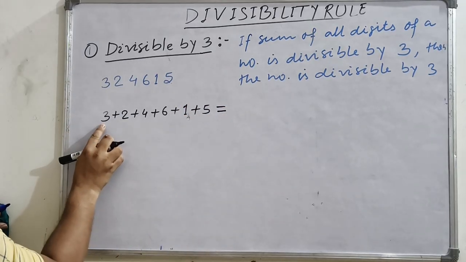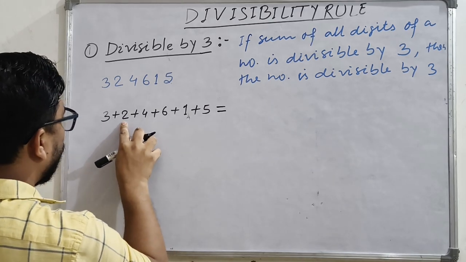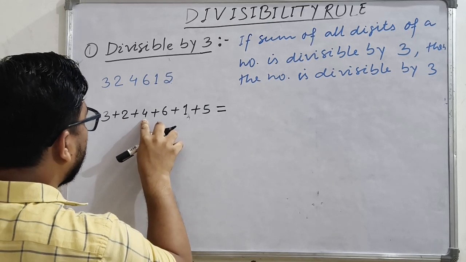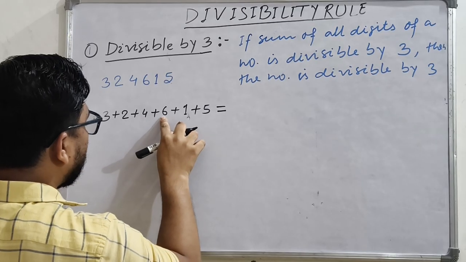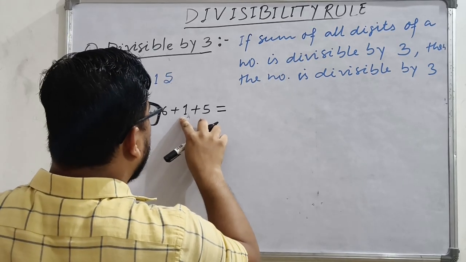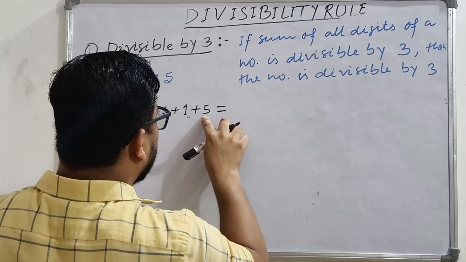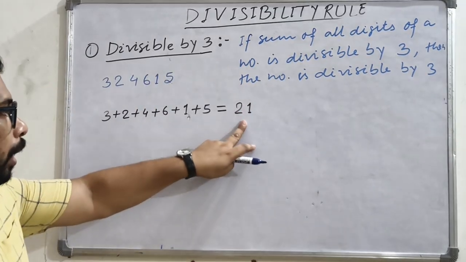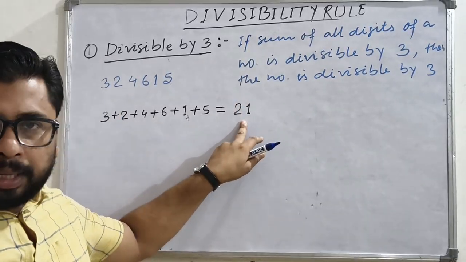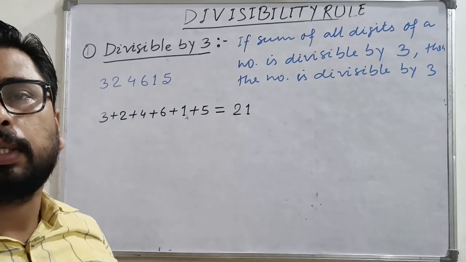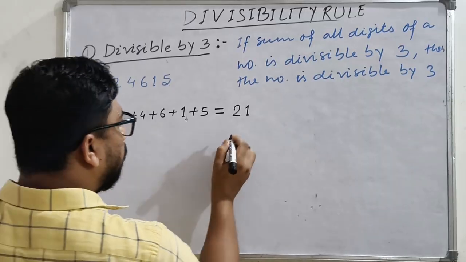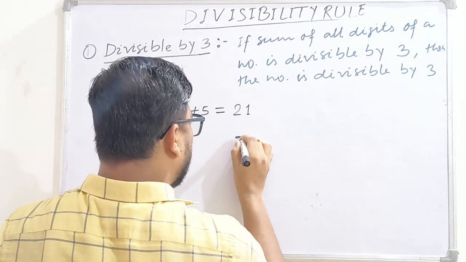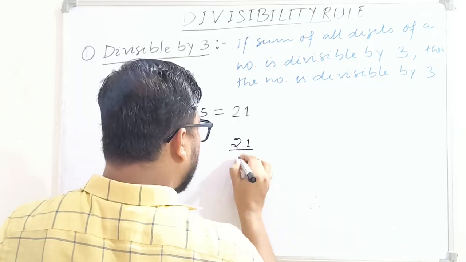How much is it? 3 and 2 is 5, 5 and 4 is 9, 9 and 6 is 15, 15 and 1 is 16, 16 and 5 is 21. Now, is 21 divisible by 3? Your answer is yes, sir. 21 is divisible by 3.